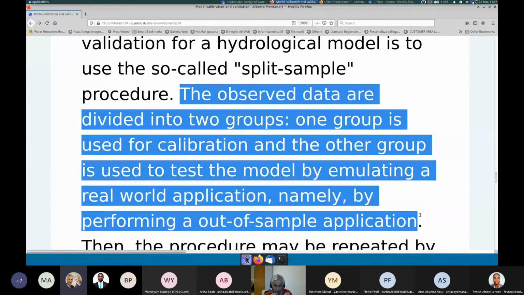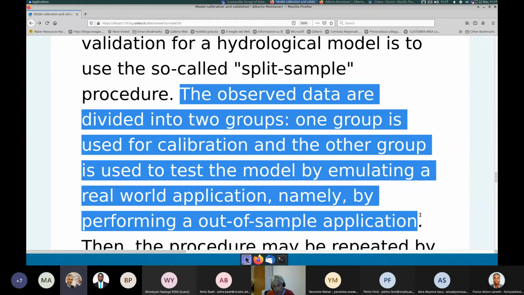So the split sample procedure is a bit problematic in terms of optimal use of information. What is usually suggested, in the case of the example I made before, with 10 years of data, is that maybe the split sample should not be done 50-50, so not 5 years for calibration and 5 years for validation.